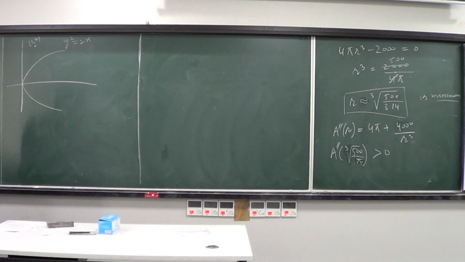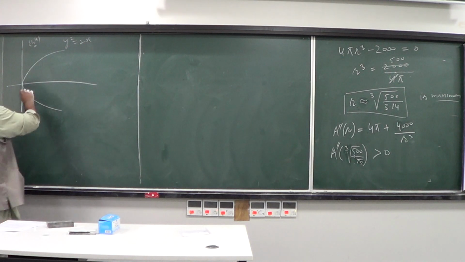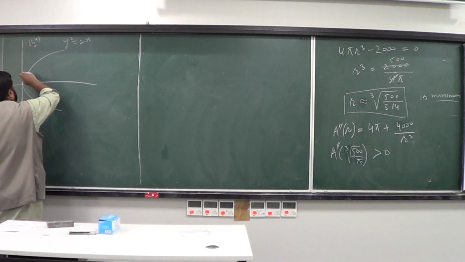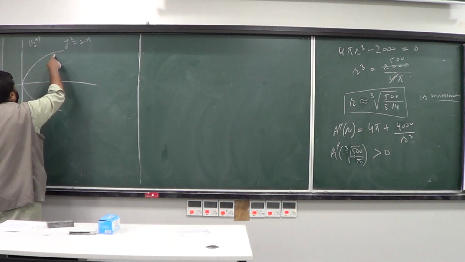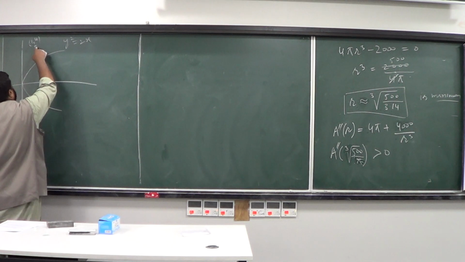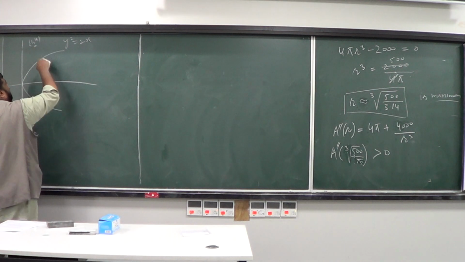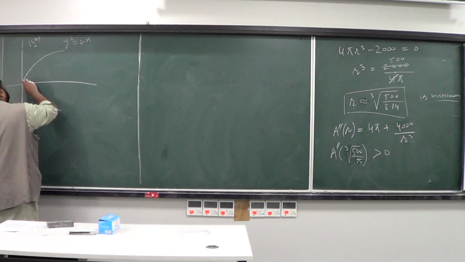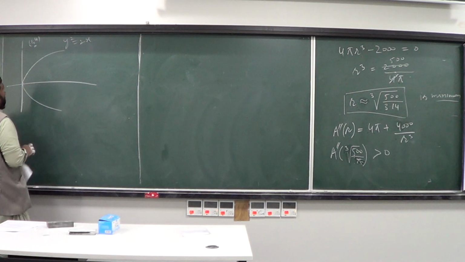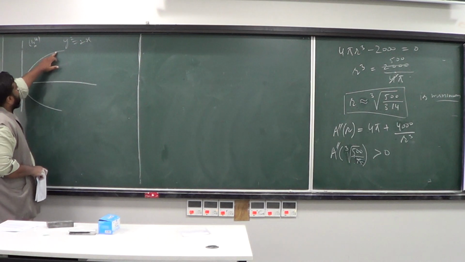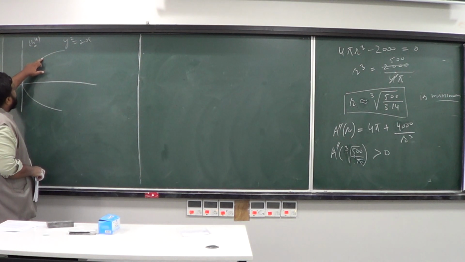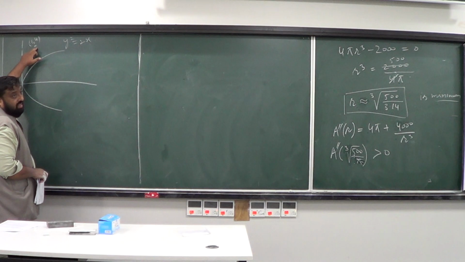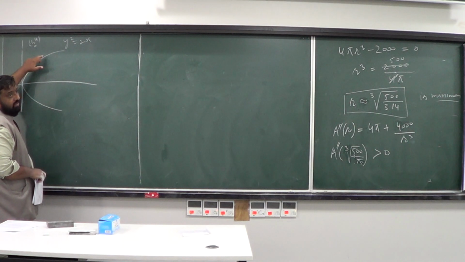Our task, this problem says, is to find a point on the parabola that is closest to this point. In other words, which point on the parabola is going to have a minimum distance between this point and the point on the parabola?